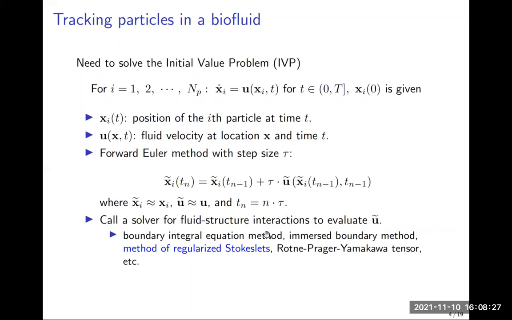And of course, there are many choices for this solver: boundary integral equation method, immersed boundary method, method of regularized Stokeslets, which is what I will be using, and Rotne-Prager-Yamakawa tensor, et cetera. I want to emphasize that my talk is going to be focused on how to solve the ODE efficiently. So it's not super important which solver you use for fluid structure interaction.